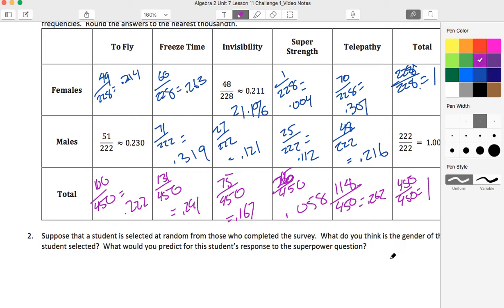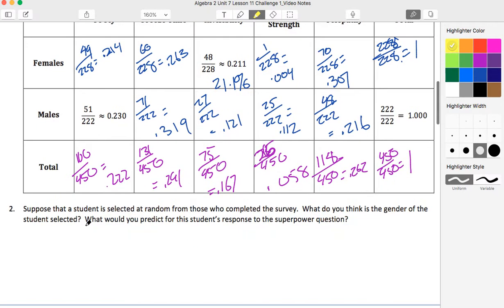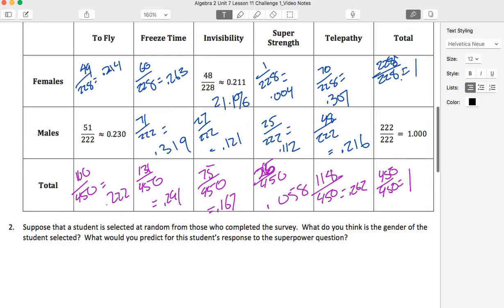Okay. The first question was to fill out the table. The second question says, suppose that a student is selected at random from those who completed the survey. What do you think is the gender of the student selected? Okay, so we're just talking about the gender. Well, let's see. Total, there's 228 females and 222 males.